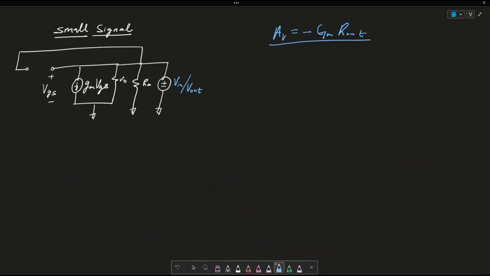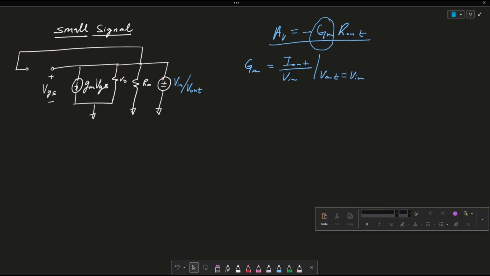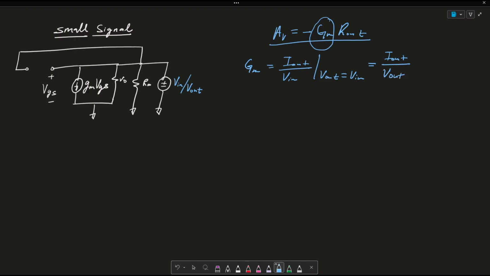So now the second part of this analysis is finding the transconductance Gm. So we can say that Gm is equated to I out over V in, where V out is simply equal to V in because they are the same node. This equates to I out over V out, which is just 1 over R out.